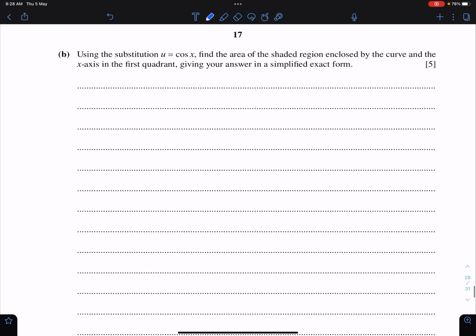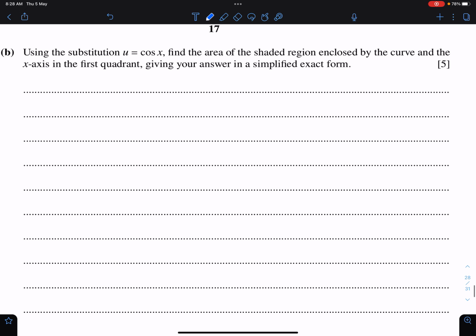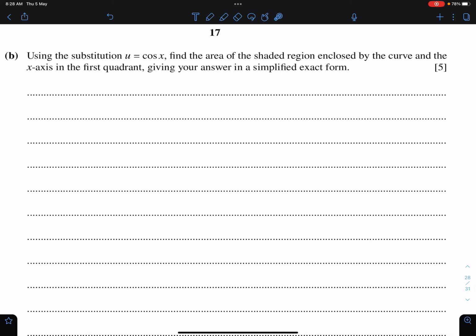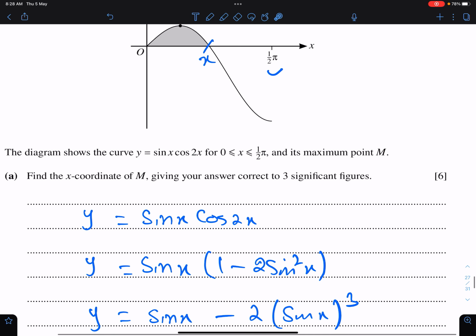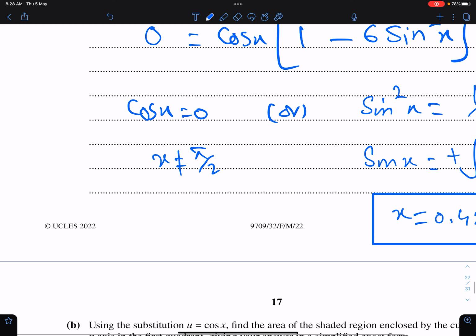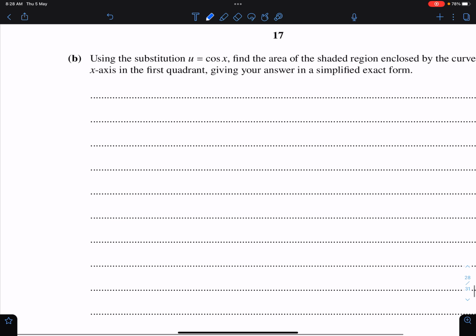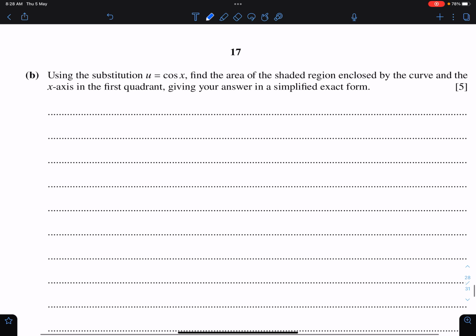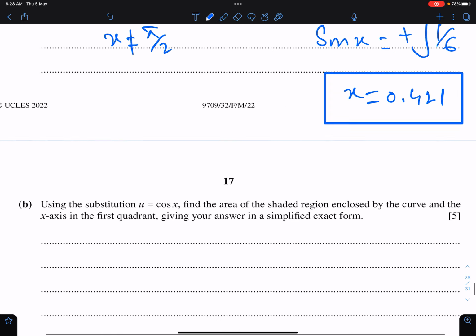The last part of this question. Using the substitution u equals cos x, find the area of the shaded region. We need this area. Find the area of the shaded region enclosed by the curve and the x-axis in the first quadrant.